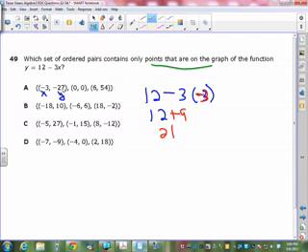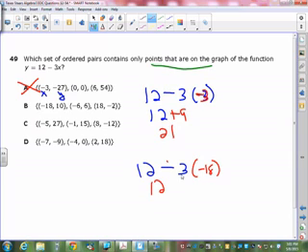I was supposed to get -27 for y. That doesn't fit. Okay, let's go to the next one. 12 minus 3 times -18. I'm supposed to get 10 for the answer. Okay, that'd be 12. -3 times -18 is +54. That's 66. That's not right. Can't be it.